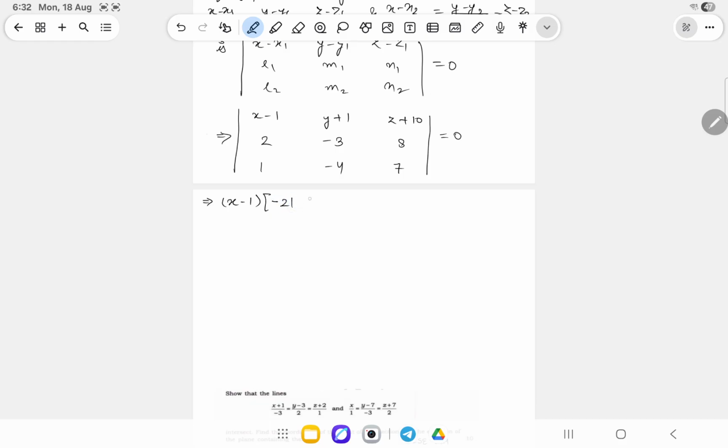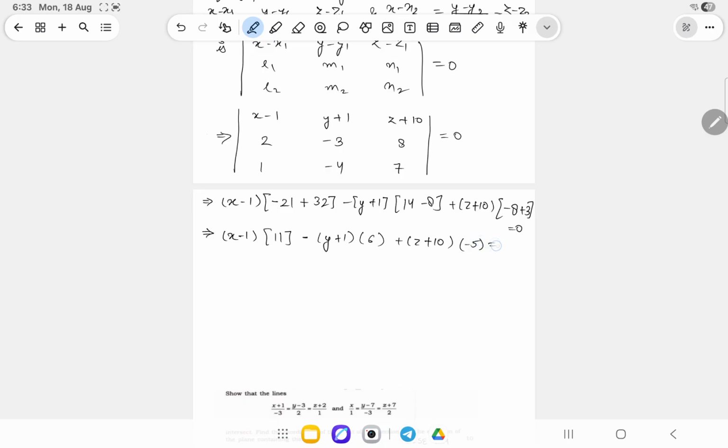Which is x minus 1 times (minus 21 plus 32), minus (y plus 1) times (14 minus 8), plus (z plus 10) times (minus 8 plus 3) equals 0. If I simplify it, I'll get (x minus 1) times 11, minus (y plus 1) times 6, plus (z plus 10) times minus 5 equals 0.